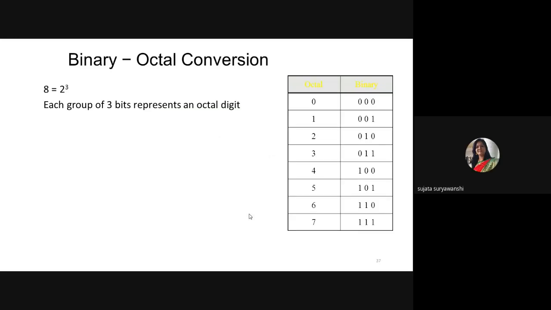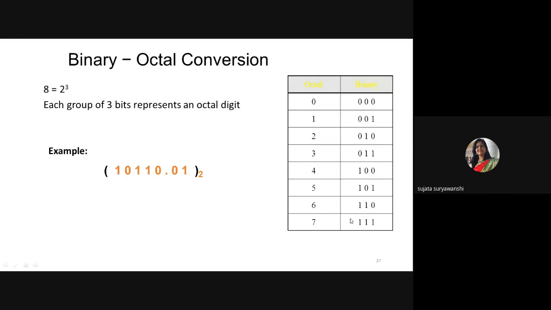Then binary to octal conversion. Here I have given a table with octal numbers 0 to 7 and how to represent them in binary: 000, 001, 010.